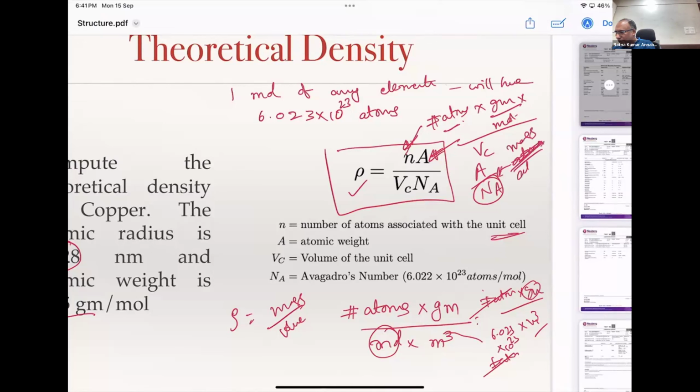Mass per atom into number of atoms gives you the total mass of the atoms there, and this is the volume of that unit cell. That is our theoretical density. Is that clear?